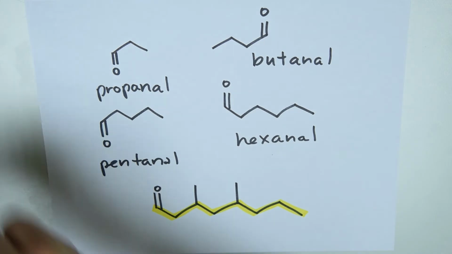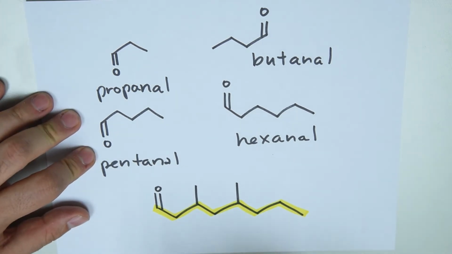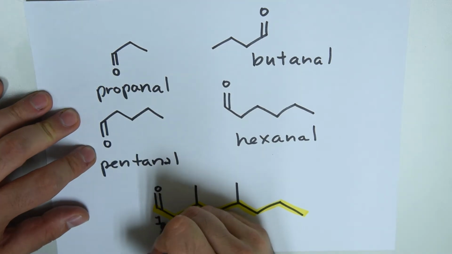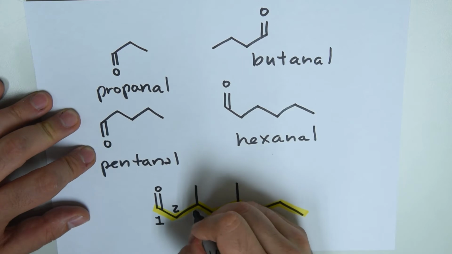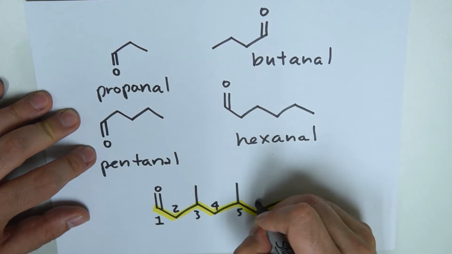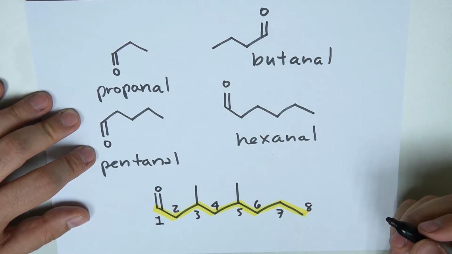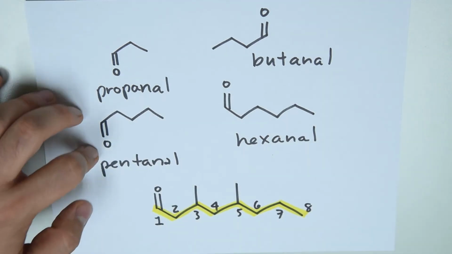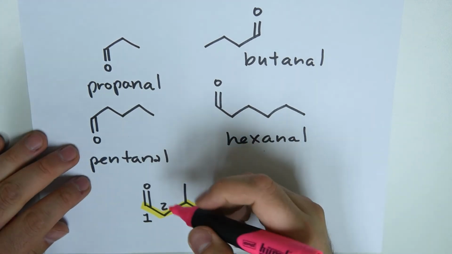Different from alcohols, aldehydes don't need numbers for the main chain, because it's always going to be assumed that the carbonyl group is at position number 1. I number my chain 1, 2, 3, 4, 5, 6, 7, 8, which is my longest chain, and then everything else that I have is going to be named as a substituent. So let's color those in.